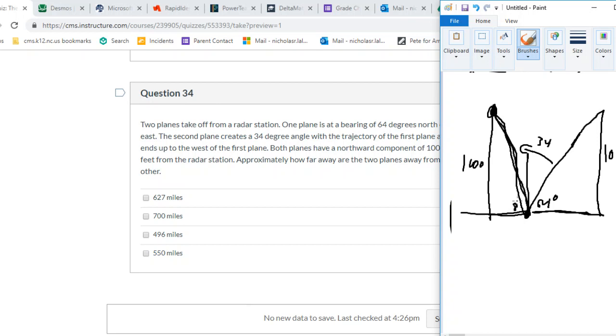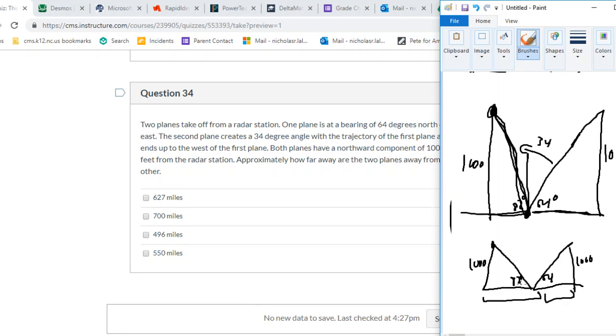This angle right here is 82 degrees. So I have an 82 degree angle right here with 1000 and a 64 degree angle right here with 1000. The distance is going to be these horizontal distances.